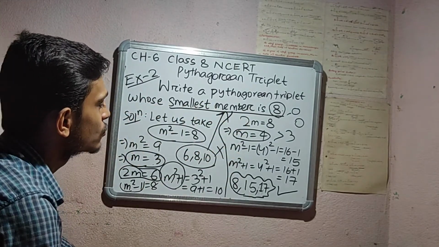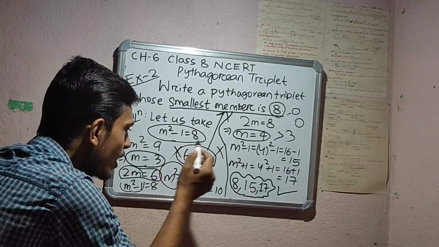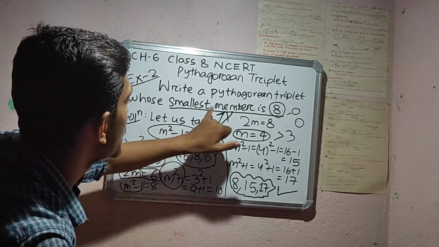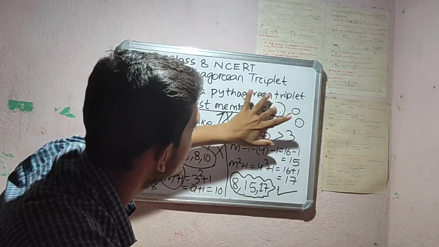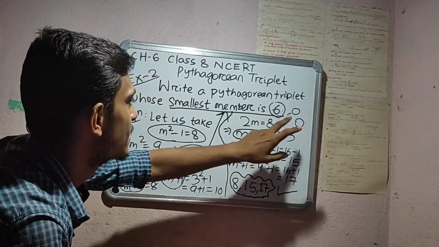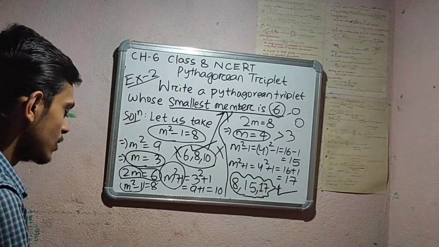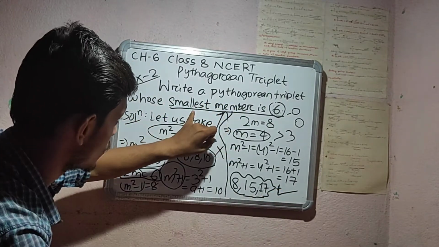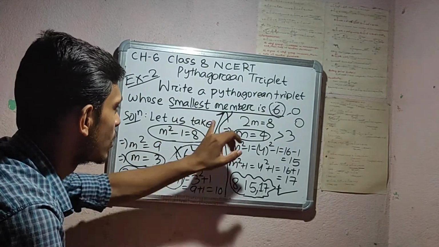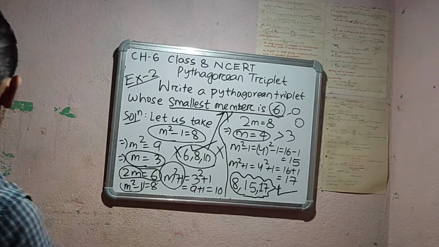This is the answer for this question, and the earlier one is wrong here. If the question said the smallest member is 6, then that one would be right. The answer must be according to the question's condition. In this way you can find the triplet.